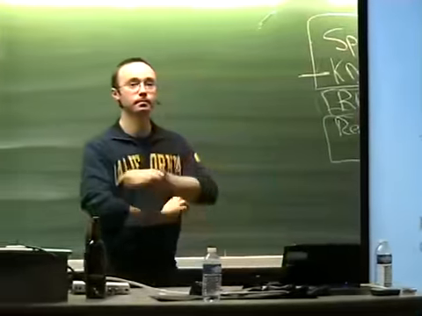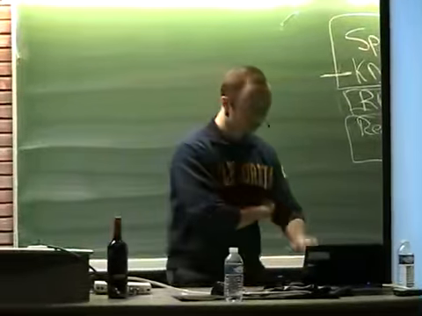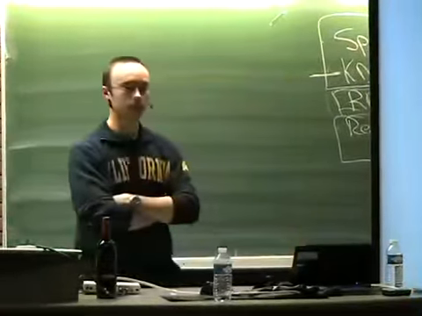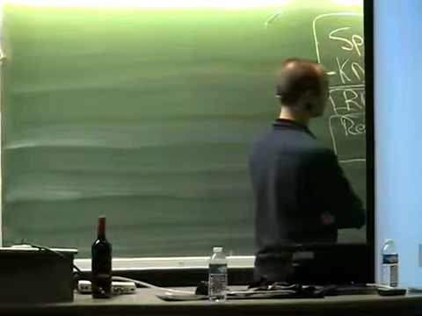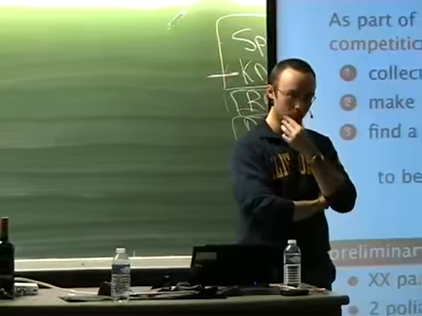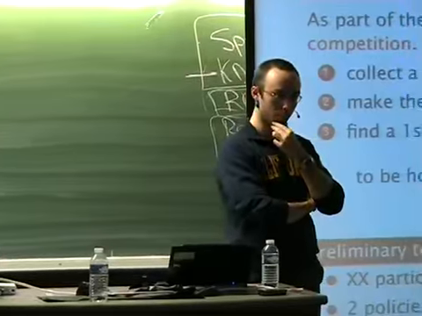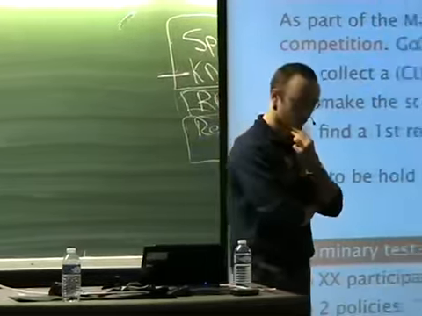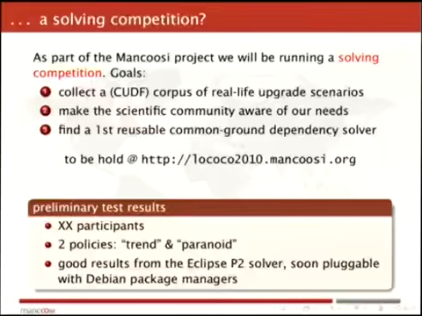Thank you. Can you please go back to the previous slide? Yep. Okay, so you state there that you like to collect a corpus of real-life upgrade scenarios. I guess many people in this room are sysadmins managing production systems. And in fact, from time to time, perhaps quite regularly, we come across difficult upgrade scenarios, and we have to do all sorts of trickery to finally get a system that is actually correct.